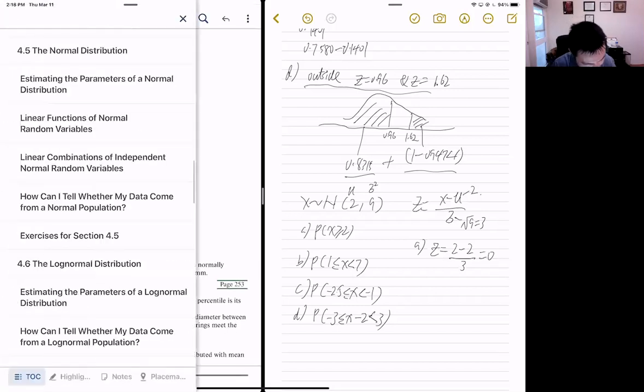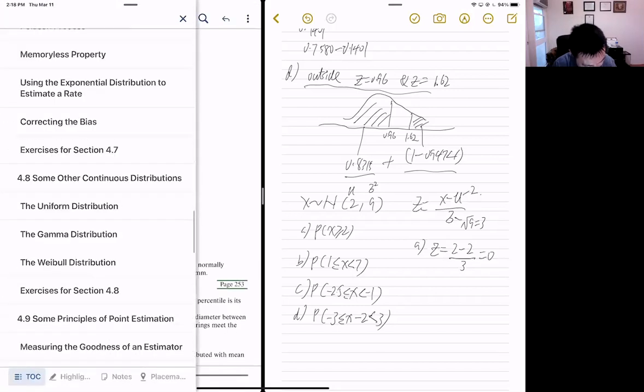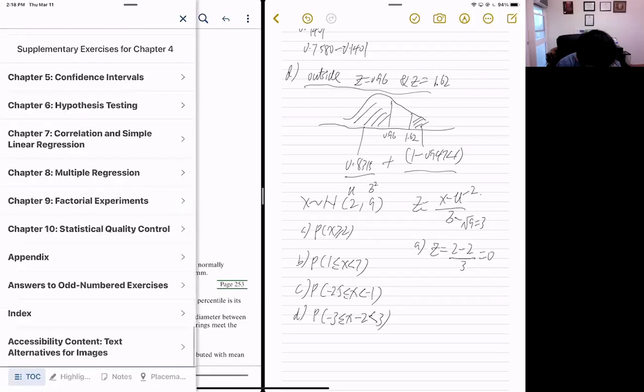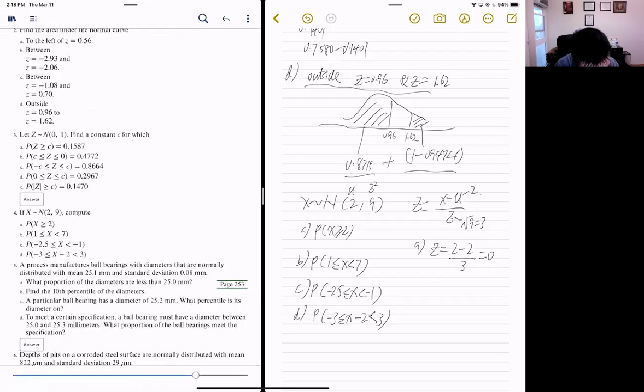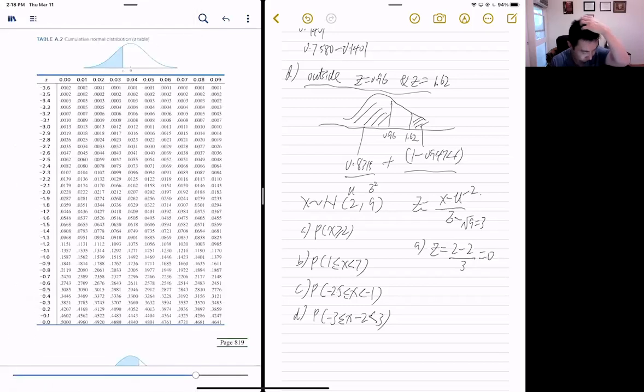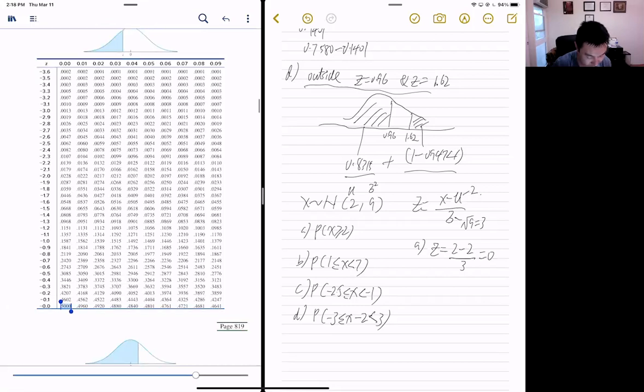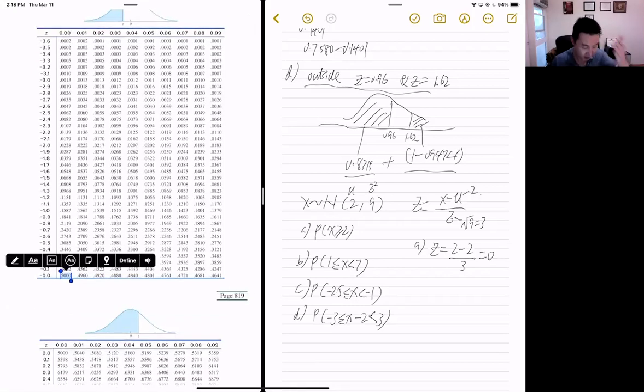Right? Then for the normal distribution, the z-value will be 0, as you can see from here. The z-value is 0. And the area to the right of z is 0.5, 50%, because the z curve is symmetrical about 0.